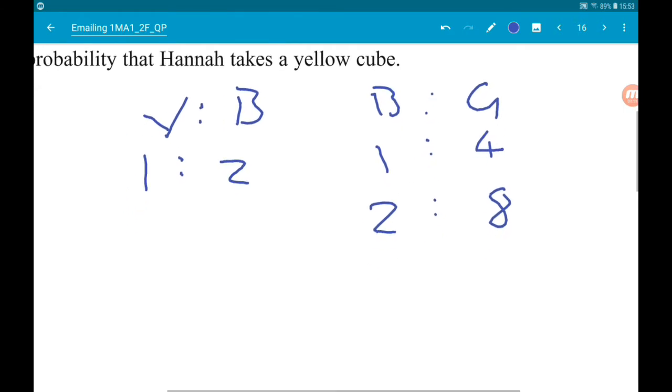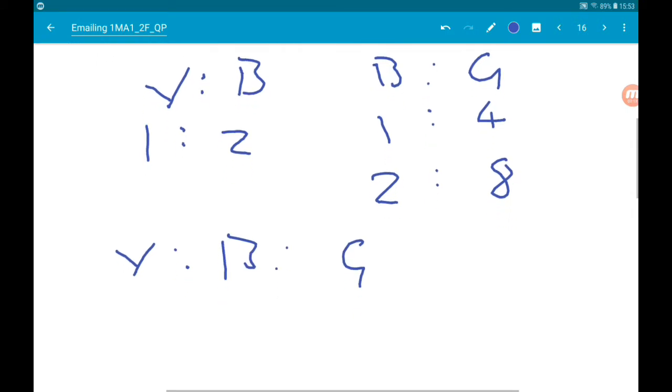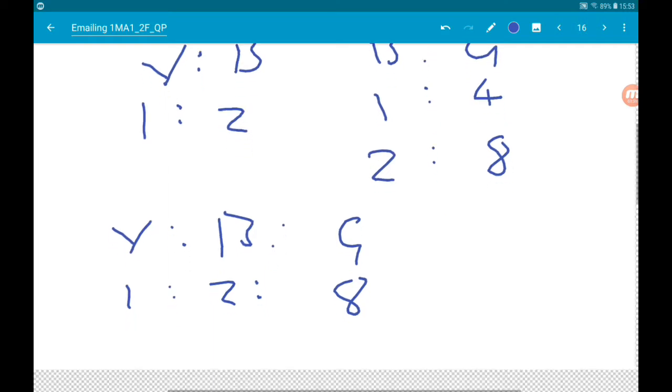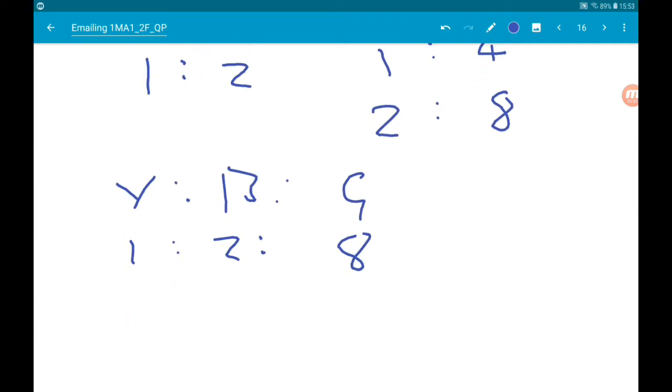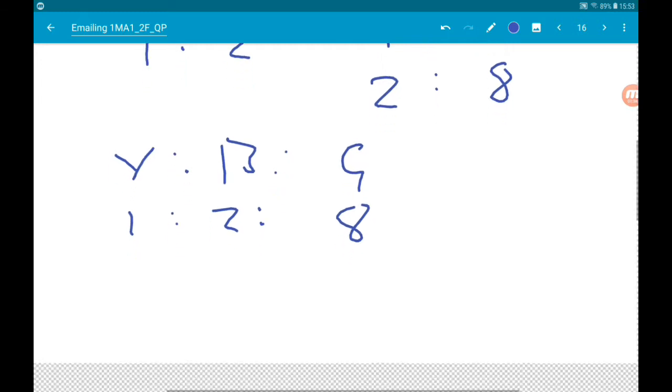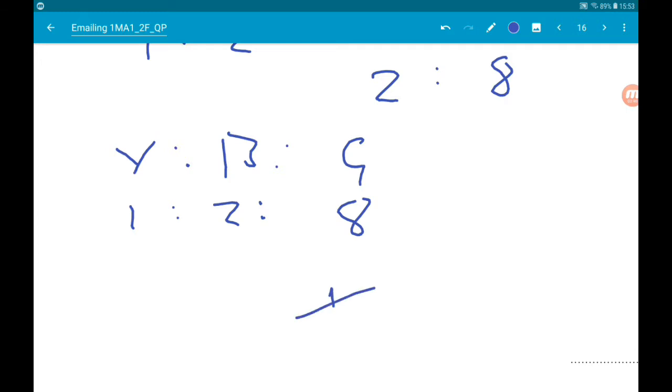So together we can say yellow to blue to green is 1 to 2 to 8. Now, altogether, this ratio has 11 parts. Yellow is one of them, so it's 1 over 11.